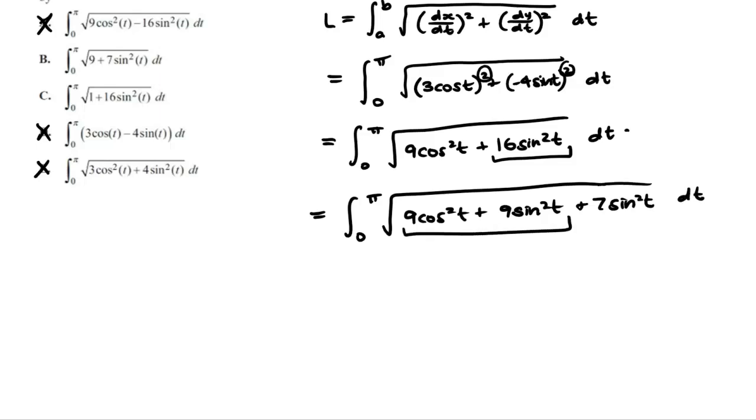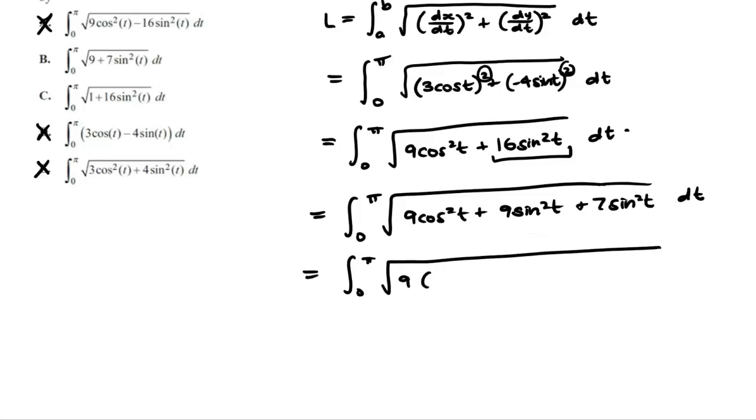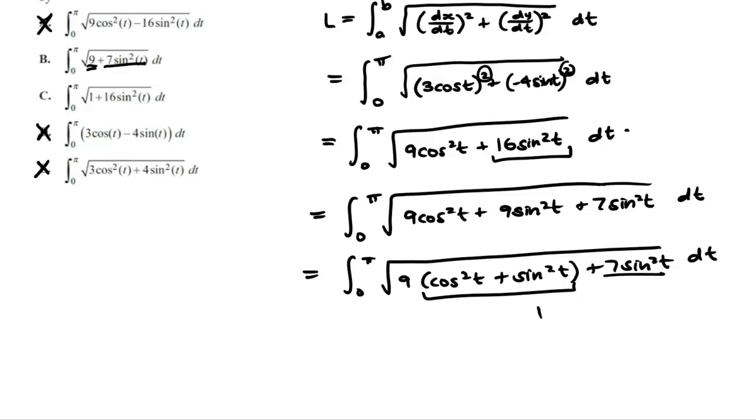So that means here we can factor out that 9, and that would be cos squared t plus sine squared t plus 7 sine squared t dt. So this is just going to be 1. And if you have a look at option B, we've got 9 times 1, which is just that 9, and that plus 7 sine squared t that we had down here. So option B is correct.